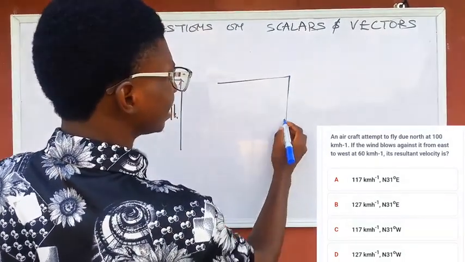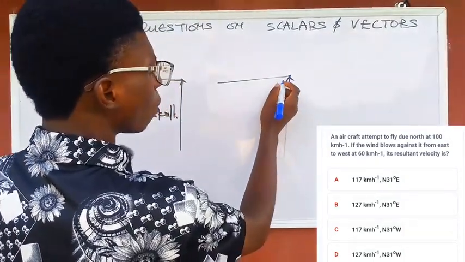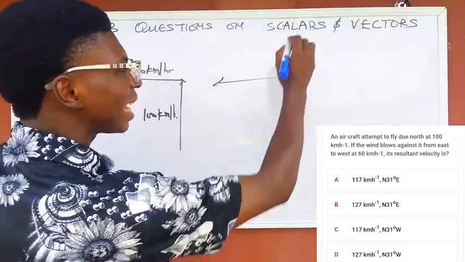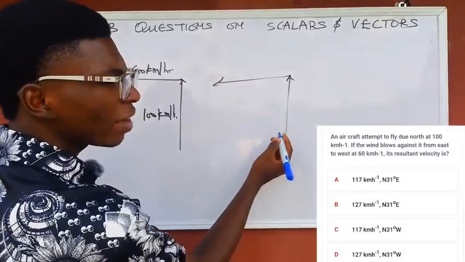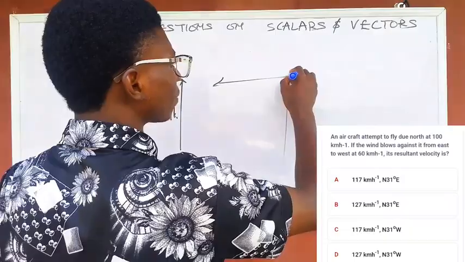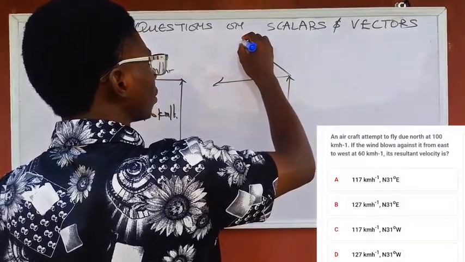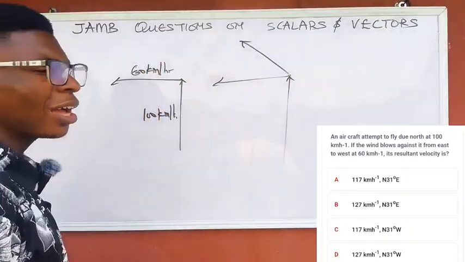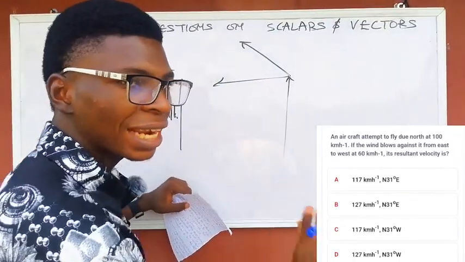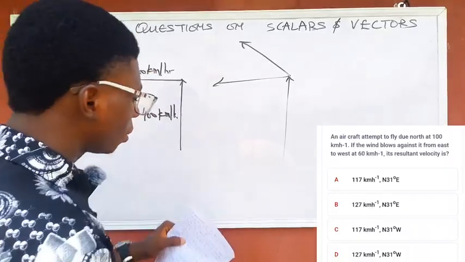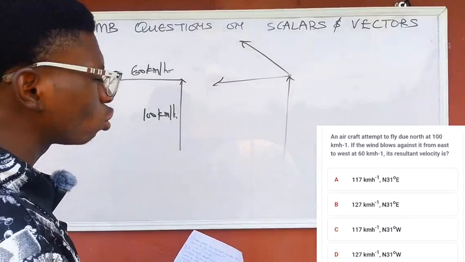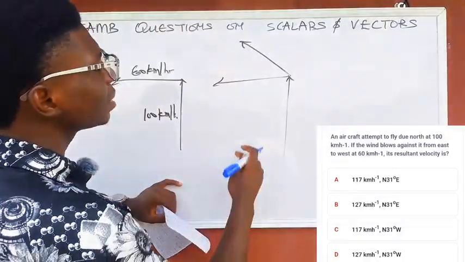This is the initial direction of the aircraft, but this is the direction of the wind. That means this wind will eventually bend the direction of this aircraft. It will bend it, so that this bending line will be the resultant. What happened after the reactions? Are you getting me now? If the wind blows against it, its resultant velocity will be the resultant.